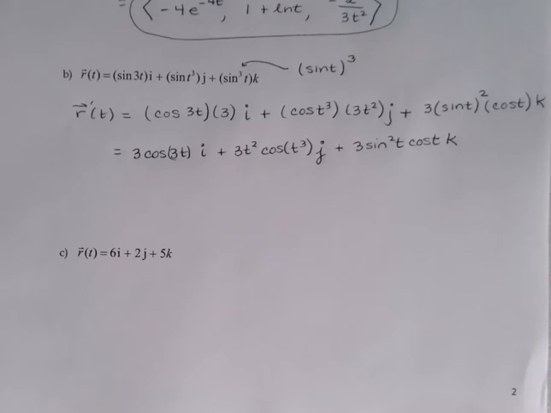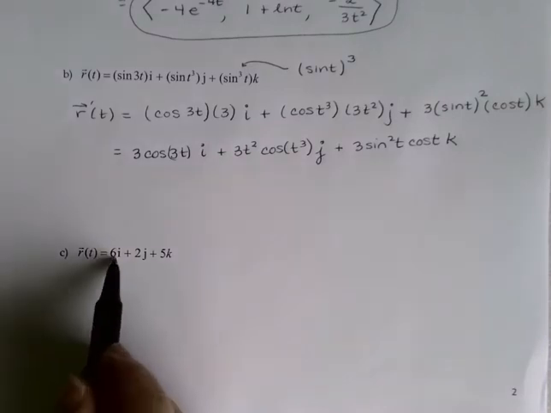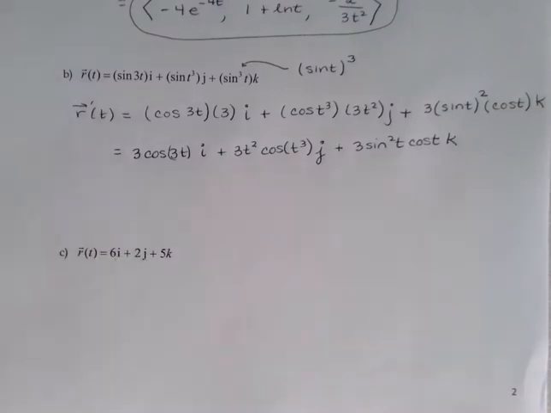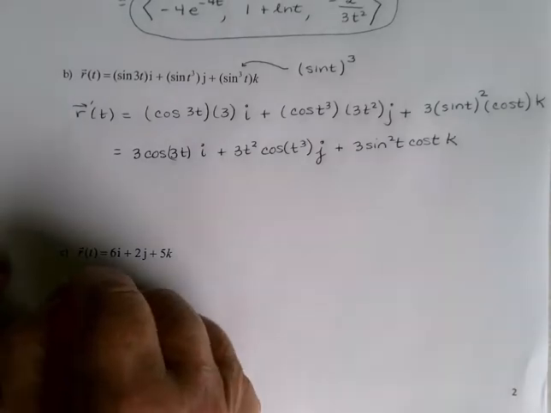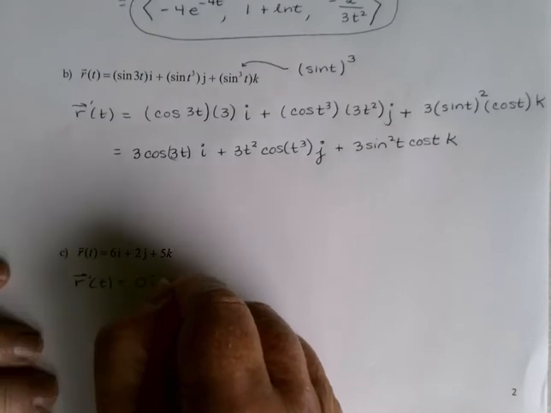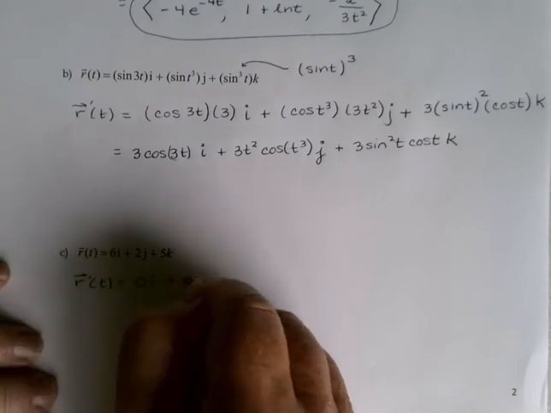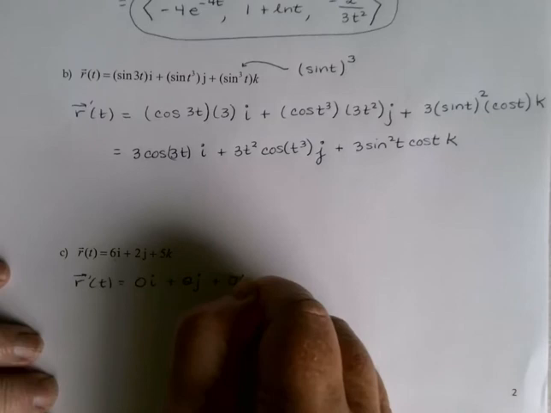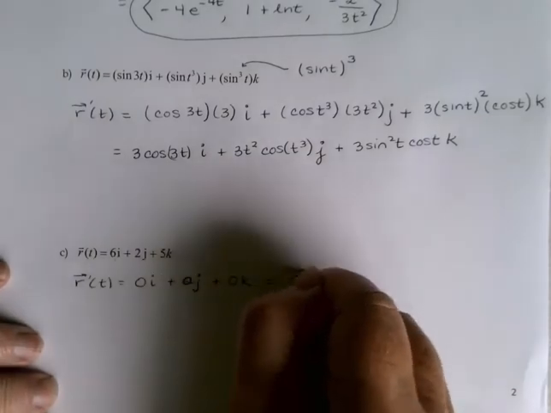All right, what about part C? Each component here is a constant. So when I go to do the derivative, of course the derivative of any constant is 0. Or I could simply write that as the 0 vector.